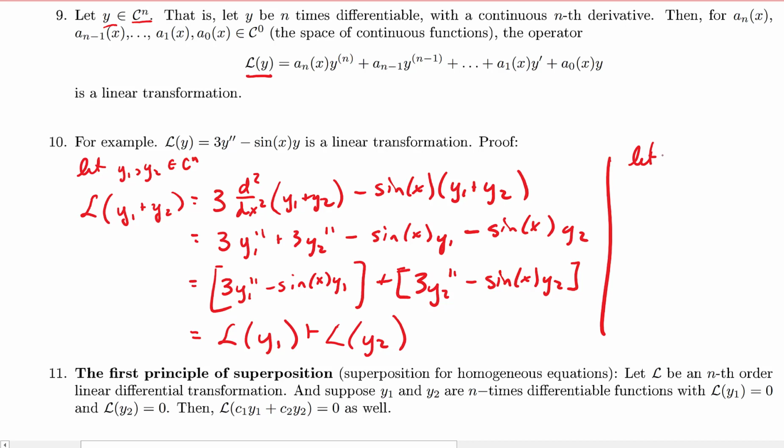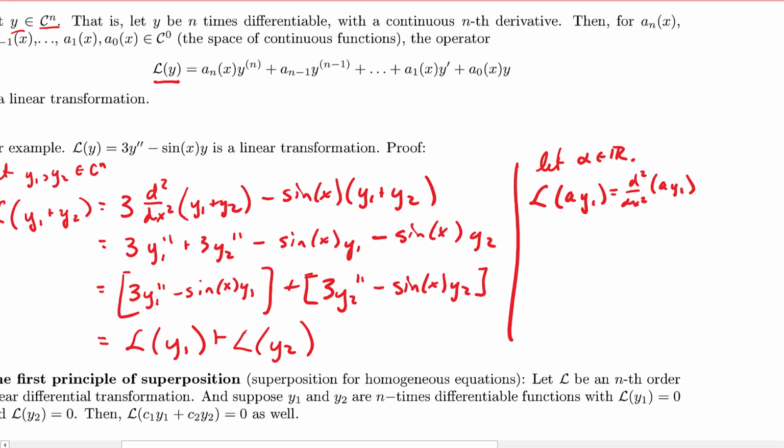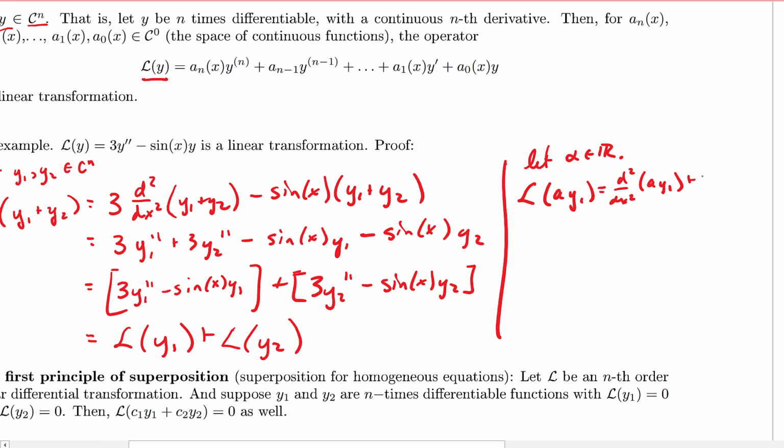Okay, what else do we need to show? Well, we need to pick a real valued constant. So let's let alpha be just any old real number. And then we're going to look at the linear differential operator applied to a y1. Well, that would be 3 times d squared dx squared of a y1, excuse me, that should be minus the sine of x times a y1.